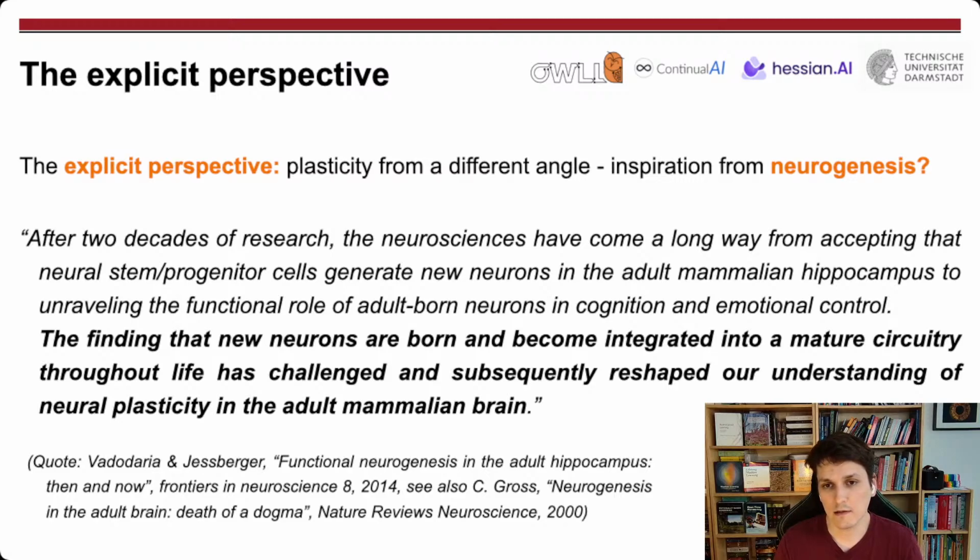And to me, at least, the cool part about this is that in the first sentence, you can kind of get this feeling that it starts with after 2 decades of research. So in fact, if you look into the literature, it does in fact turn out that a lot of the older works, let's say, did not really support this hypothesis, in the sense, to the best of my understanding, that neurogenesis was primarily thought of as something that happens only in very young and very early stages of life.